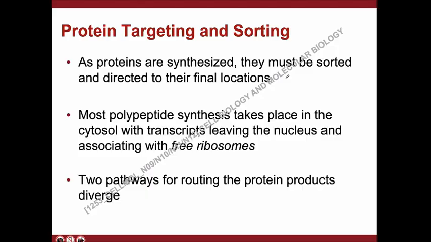For example, the endomembrane system, cytosol, mitochondria, chloroplast, peroxisomes, interior of the nucleus, etc. But in all of these cases, the process will obviously begin with the transcription of DNA into RNA that are processed in the nucleus, and then moved through nuclear pores for translation in the cytoplasm, where most of your ribosomes are found. And once they arrive in the cytoplasm, these mRNAs become associated with your free ribosomes.